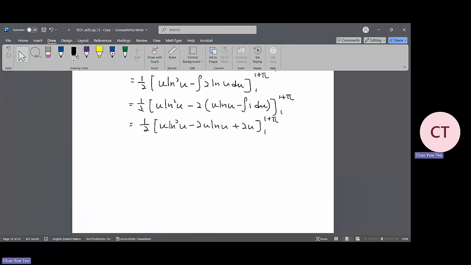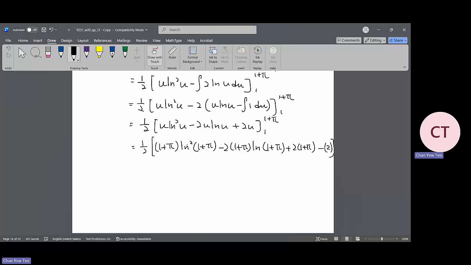substitute the value inside. So if we substitute the value inside, then you will get 1 plus pi ln square 1 plus pi, minus 2 times 1 plus pi ln 1 plus pi, plus 2 times 1 plus pi, minus the 2.